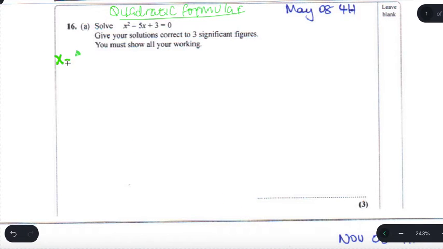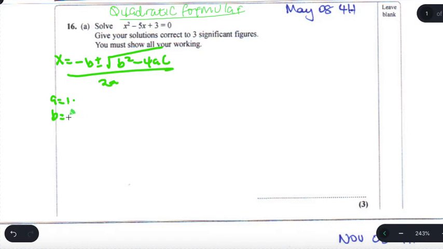So we say x is negative b plus or minus the square root of b squared minus 4ac, all over 2a. We've already talked about this. So the leading coefficient in this first equation is 1, so a is 1, b is negative 5 and c is 3.